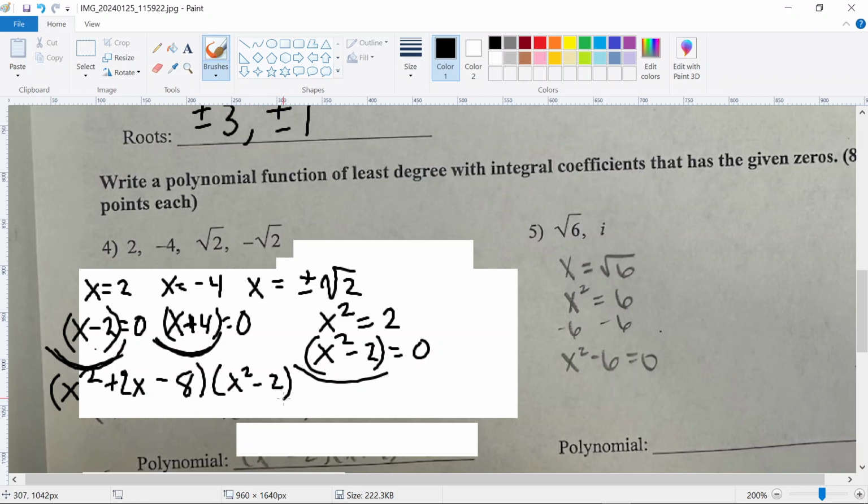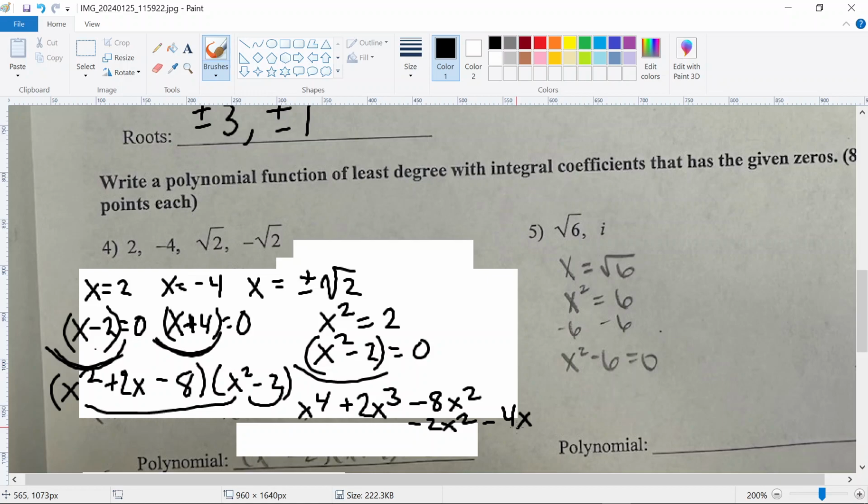And now again, I'm going to multiply every term by every other term. X squared times x squared is x to the 4th. 2x times x squared is plus 2x cubed. Negative 8 times x squared is minus 8x squared. Now I'm going to multiply the minus 2 by all three of those. X squared times minus 2 is minus 2x squared. 2x times minus 2 is minus 4x.